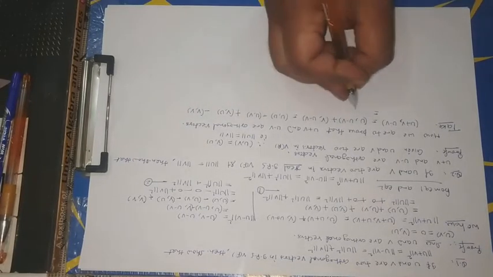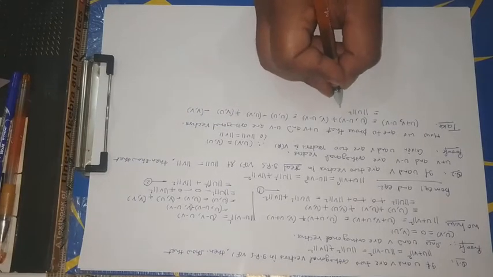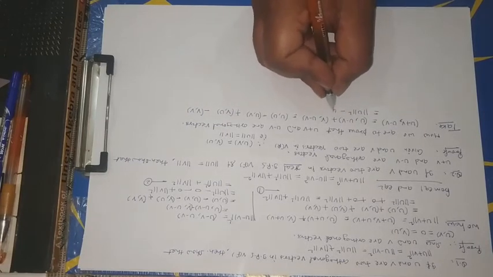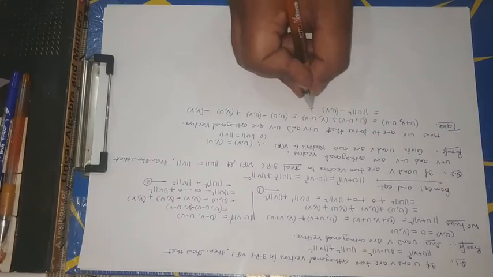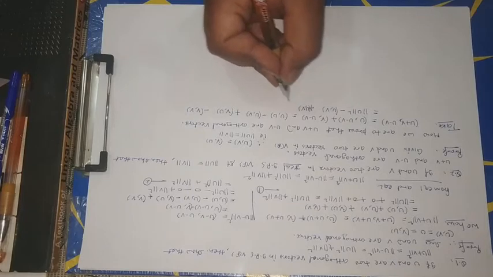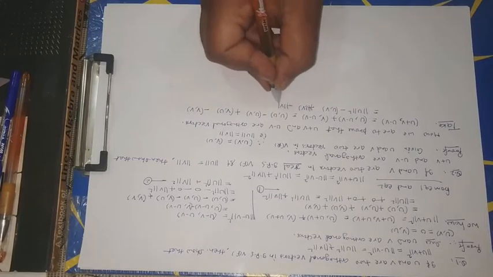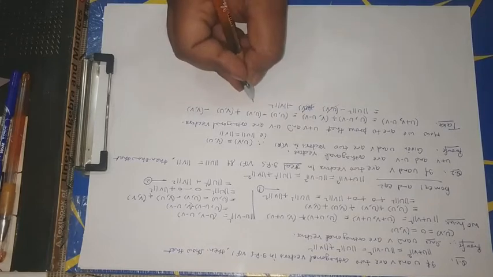This is equal to the norm of u squared minus u inner product with v plus v inner product with u minus the norm of v squared. This cancels by this.